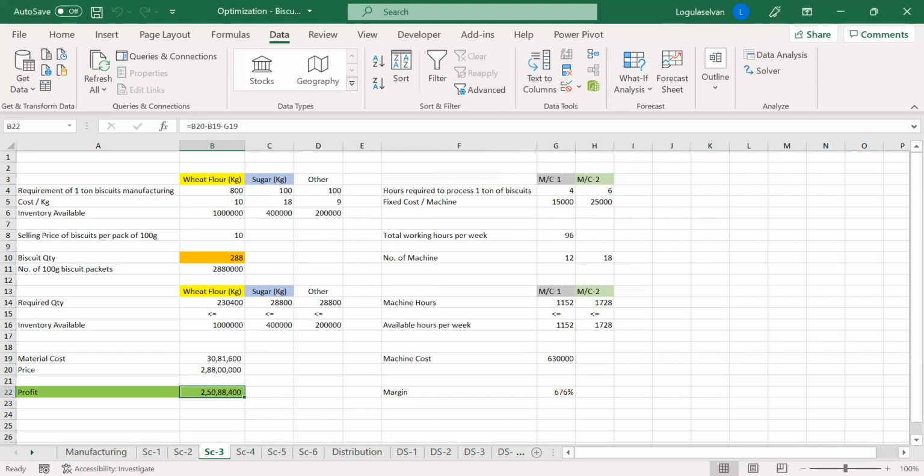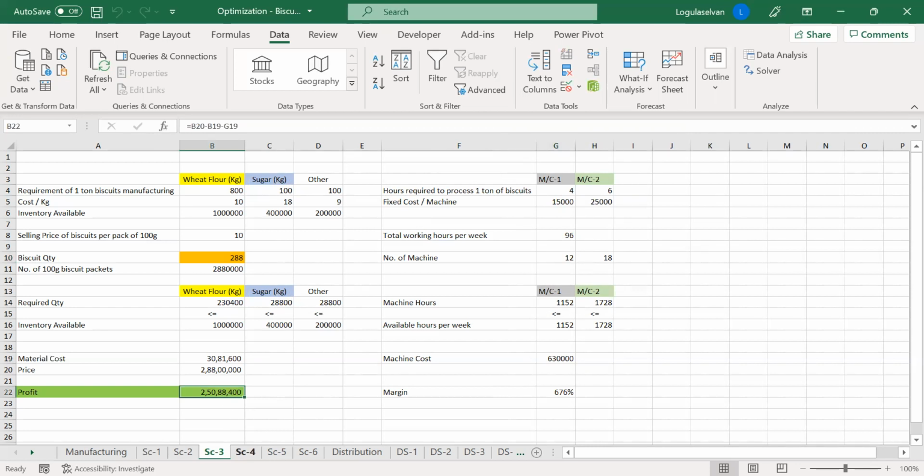If I have to increase the profit further, I have to increase the number of machines. So now what can we do? We will allow Excel itself to calculate the number of machines. Let Excel calculate and tell us how many machines the company has to install to maximize their profit.